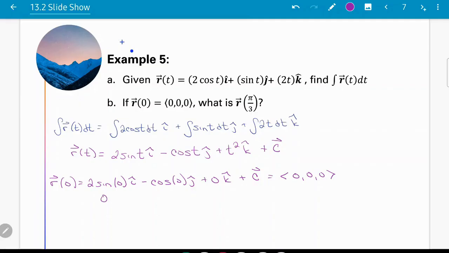So we have then that this is 0 i hat minus j hat plus 0 k hat plus our constant vector equals 0, 0, and 0.